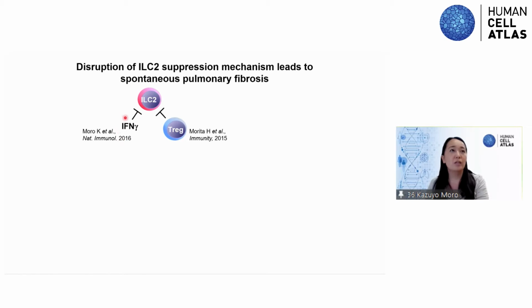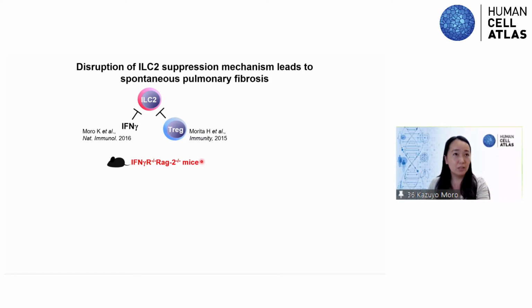We found interferon gamma can strongly suppress ILC2, and another group reported that Treg can suppress ILC2. That's why we established interferon gamma receptor RAG2 double knockout mice, which lack the suppression mechanism of ILC2.